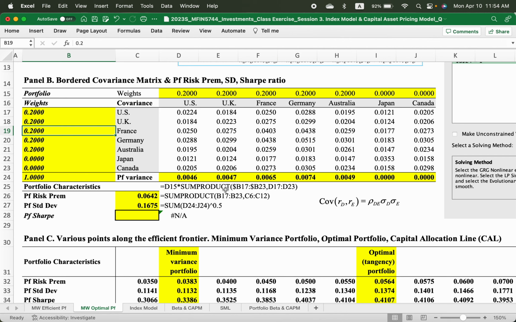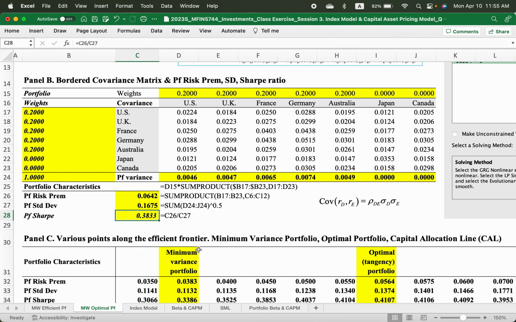So that's why steeper is better. Then how to calculate this? Just the expected excess return or risk premium divided by standard deviation. So this is the Sharpe ratio. Our goal is to maximize this Sharpe ratio, right?